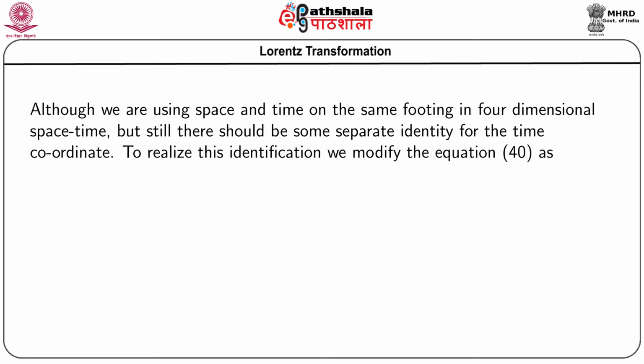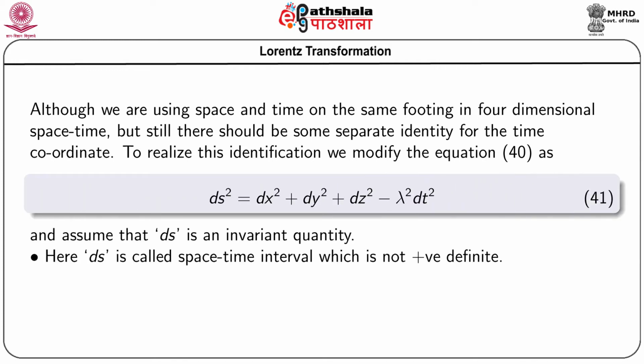Now, although we are using space and time on the same footing in 4 dimensional space time, still there should be some separate identity for the time coordinate. To realize this, we modify the equation: ds square equals dx square plus dy square plus dz square minus lambda square dt square, assuming that ds is an invariant quantity.